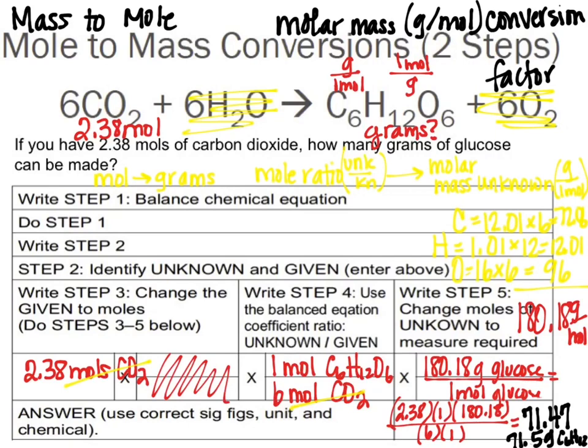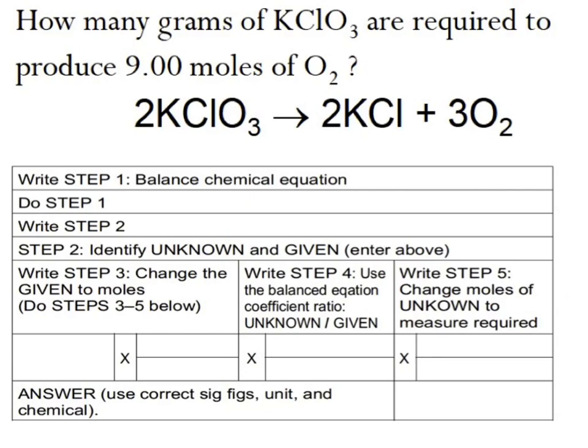Okay? So let's work another one. Everybody good with this while I go to the next slide? Okay. So now this one says how many grams of KClO3 are required to produce 9 moles of O2.